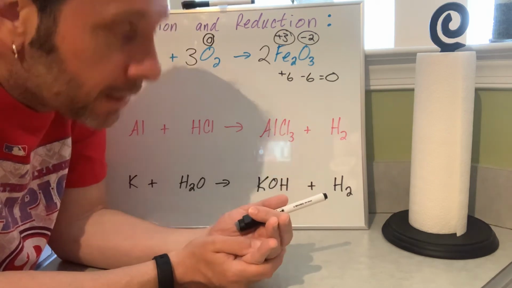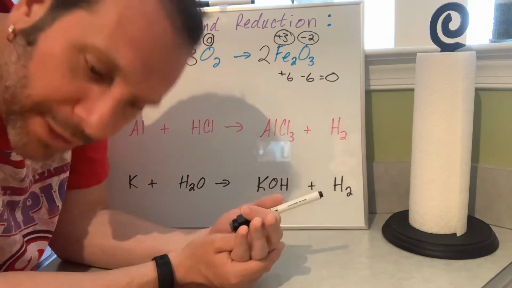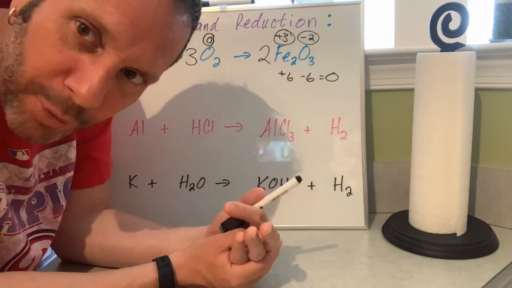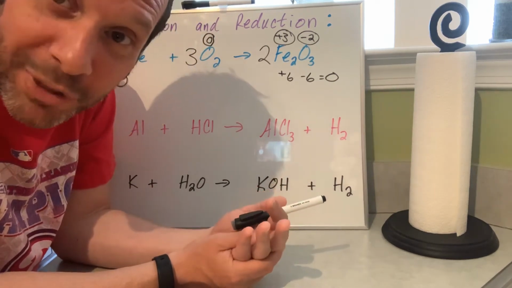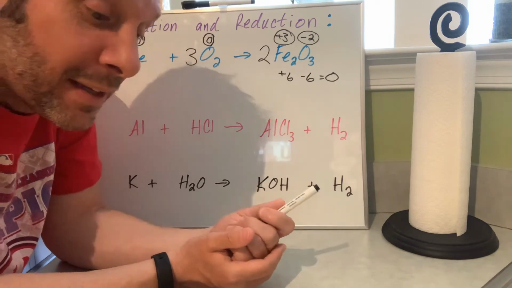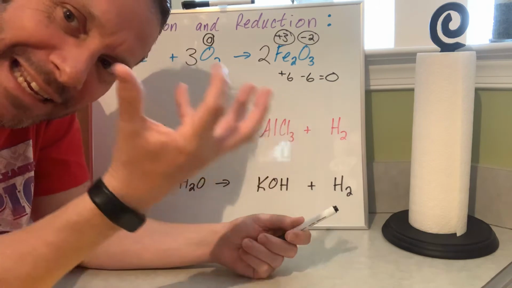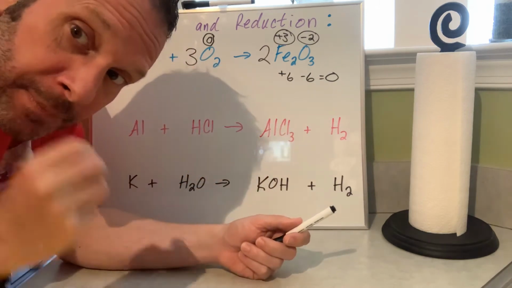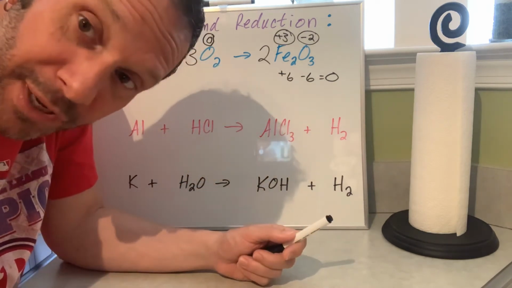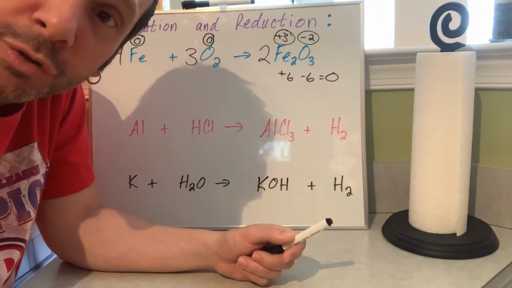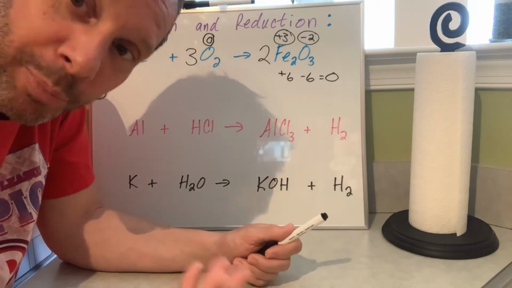All right. Yes, that's what it is from a scientific standpoint. However, let me make it a little bit easier for you, right? Electrons are negative. If you gain negativity, you become more negative, yeah? If you lose negativity, you become more positive, right?